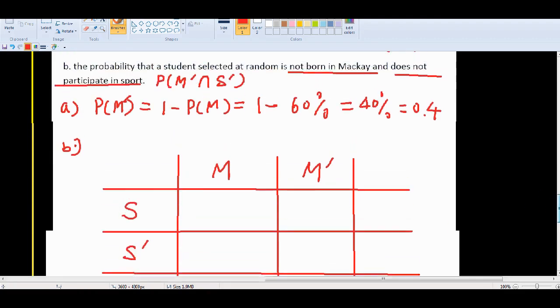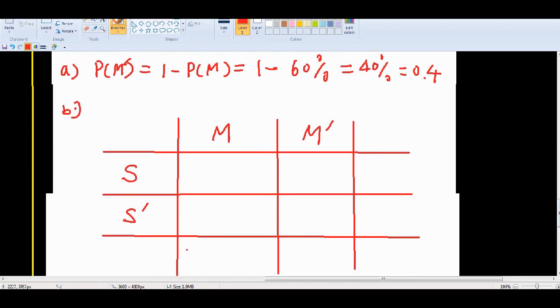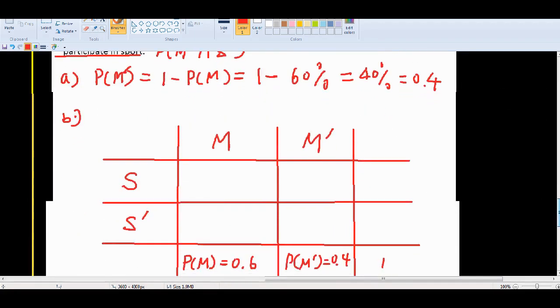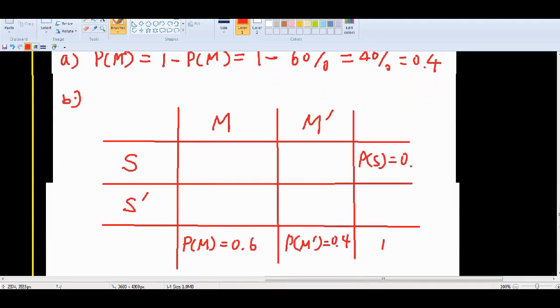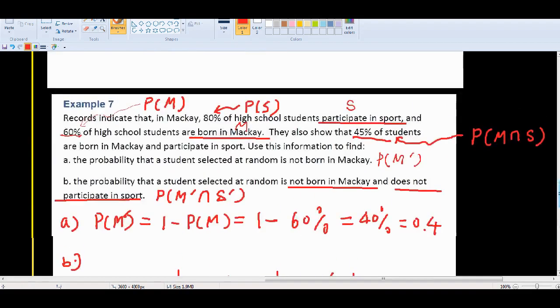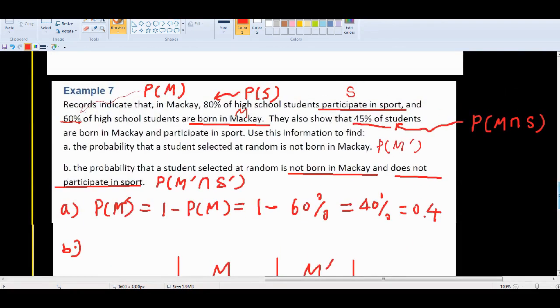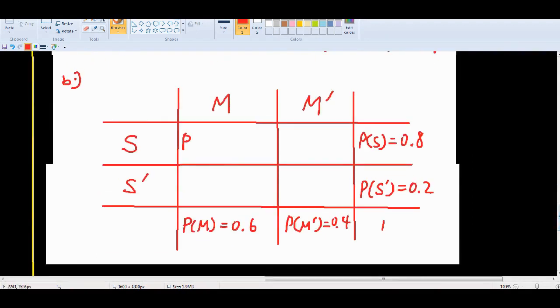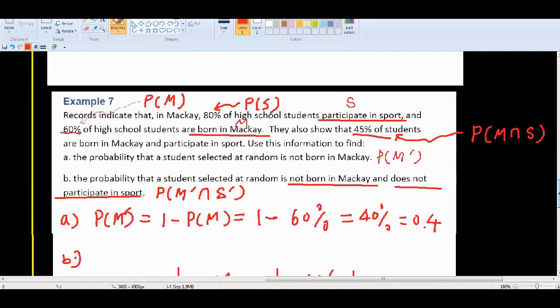What we already know is born in Mackay, so P(M) equals 0.6, not born in Mackay, 0.4. These two numbers add up to 1. Participating in sports is 80%, so P(S) is 0.8, which means this one would be 0.2. And also you have P(M intersect S), which is this one, 0.45, or 45%.